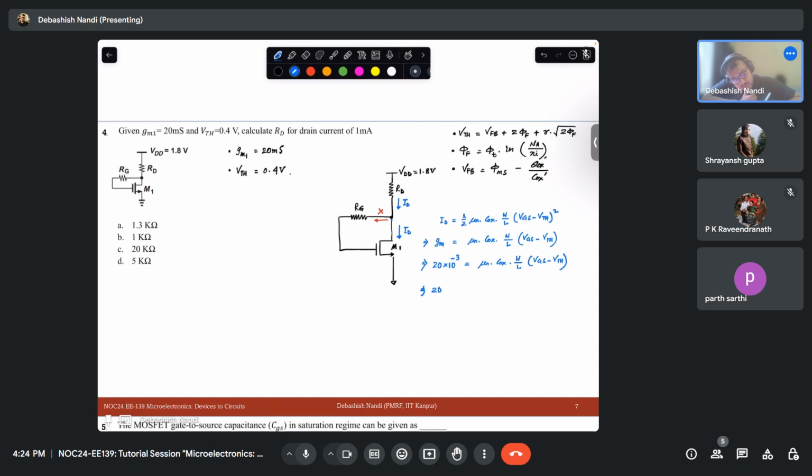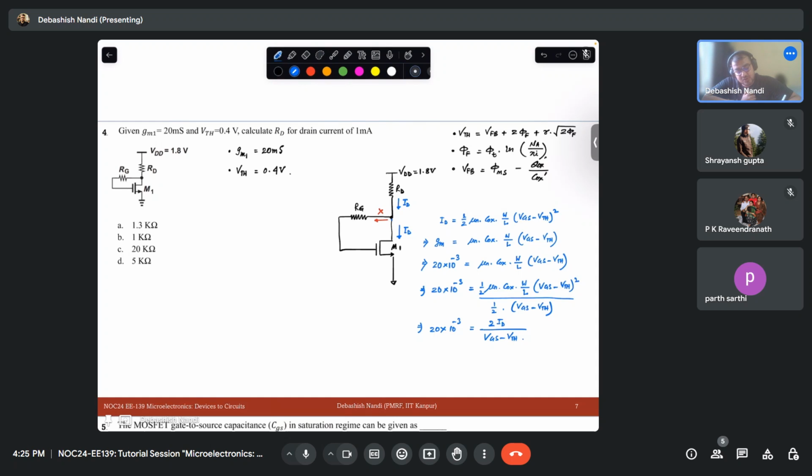So now 10 raised to minus 3 equals mu n C ox W over L times VGS minus VTH. Let's say ID is half mu n C ox W over L VGS minus VTH whole square, and GM has VGS minus VTH. So this becomes your ID over VGS minus VTH.